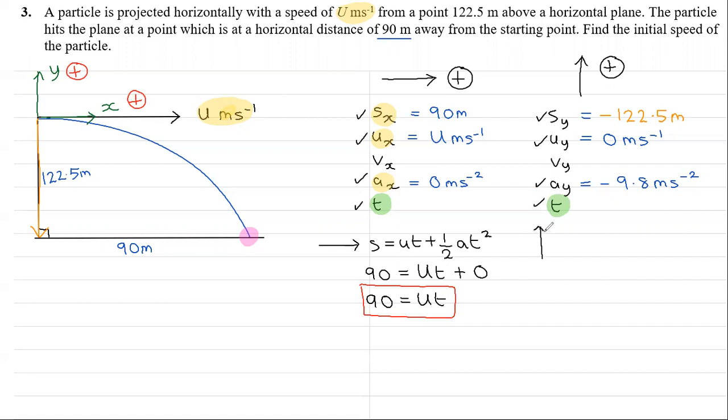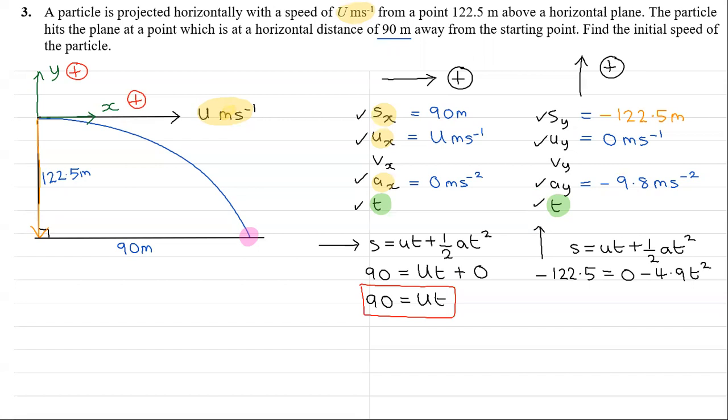Now let's have a look at the vertical components. So upwards, we have S is equal to UT plus 1/2 AT squared again. And the vertical displacement is negative 122.5. That's equal to 0 multiplied by T, so that's going to be 0. And then 1/2 AT squared, so that's going to be subtract 4.9 T squared.